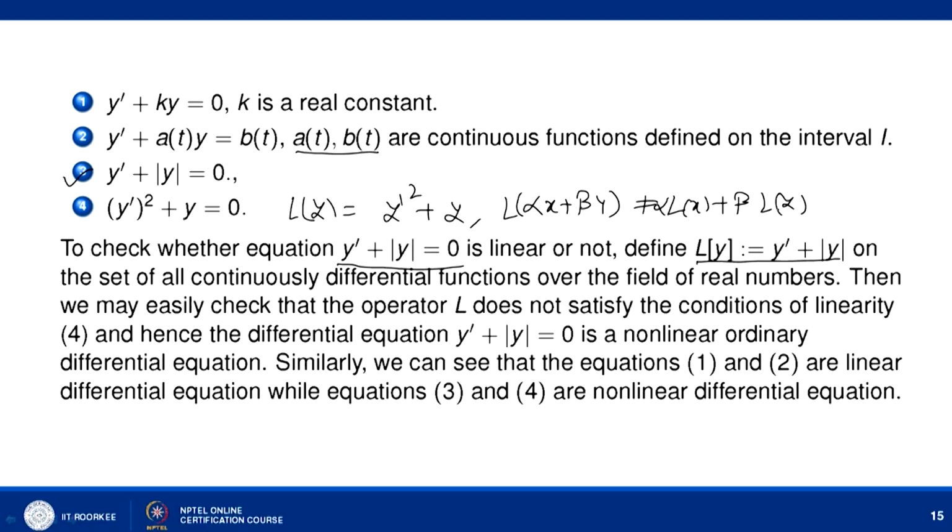So, from this observation we can say that 3 and 4 are nonlinear ordinary differential equations, but 1 and 2 are linear differential equations. So, we have discussed the classification based on the dependent variable, and we have checked that 1 and 2 are linear differential equations, while 3 and 4 are nonlinear ordinary differential equations.